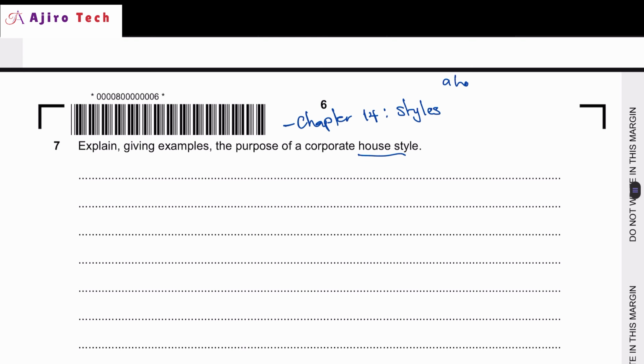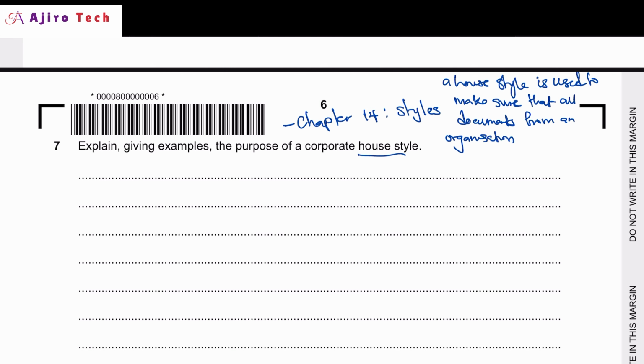A house style is used to make sure that all documents from an organization have consistency. If you see a newsletter from Apple, you know it's Apple. If you see a newsletter from Google, you know it's Google.